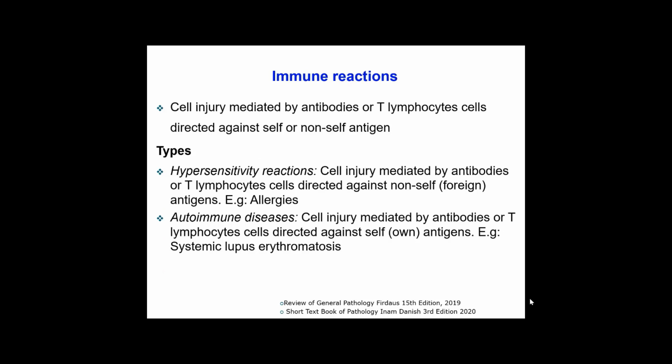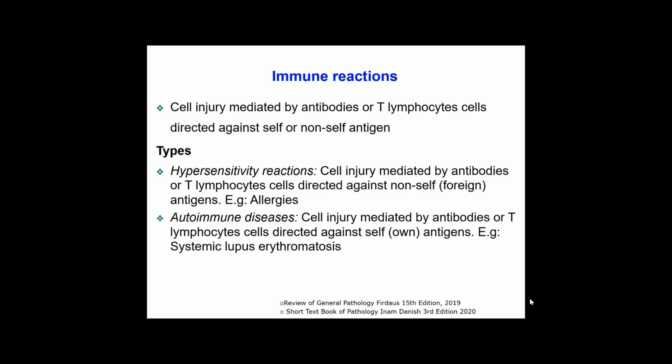Another cause of cell injury is the immune reaction, and this is basically mediated by the immune system components like antibodies or T lymphocytes. These components are directed against self or non-self antigens.